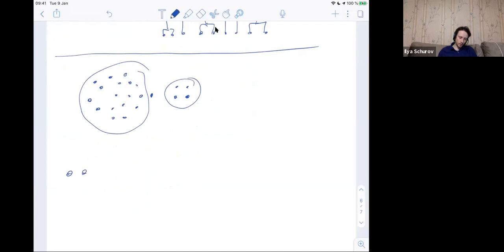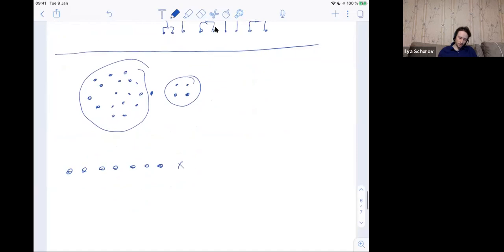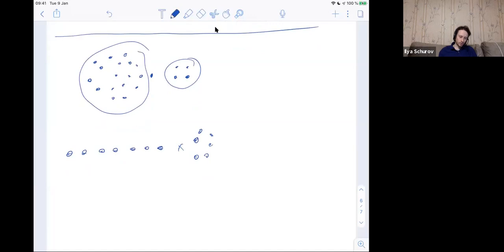For example, let us assume that we have something like this. This is one cluster. This is our point, and this is another cluster. Again, we have the same problem. How do we measure these distances? And actually, it is possible to do it in different ways.